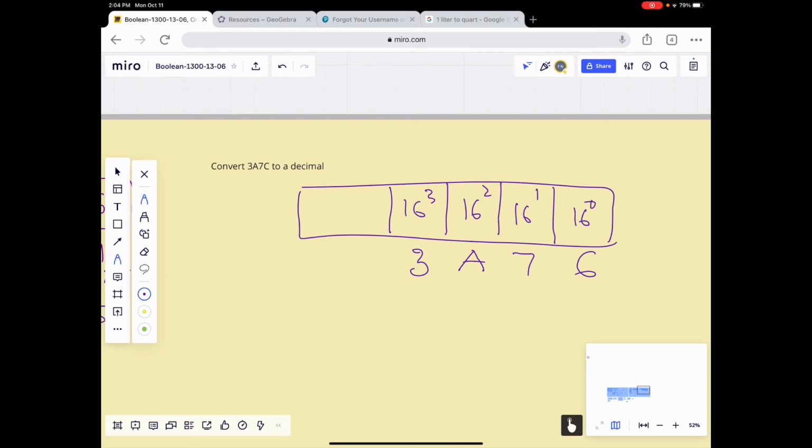So you write down 3 times 16 to the power of 3 plus A. A is a 10, so I put 10 multiply 16 to the power of 2 plus 7 multiply 16 to the power of 1 plus 6 multiply 16 to the power of 0. If you do the work, you will come up with 14,972 as your decimal equivalent.